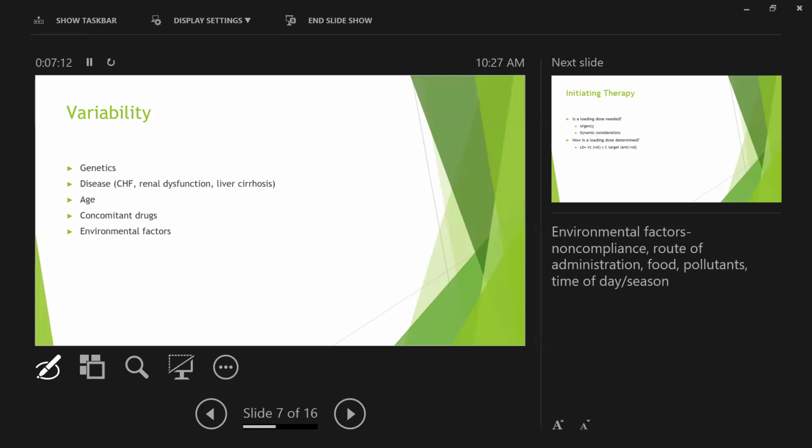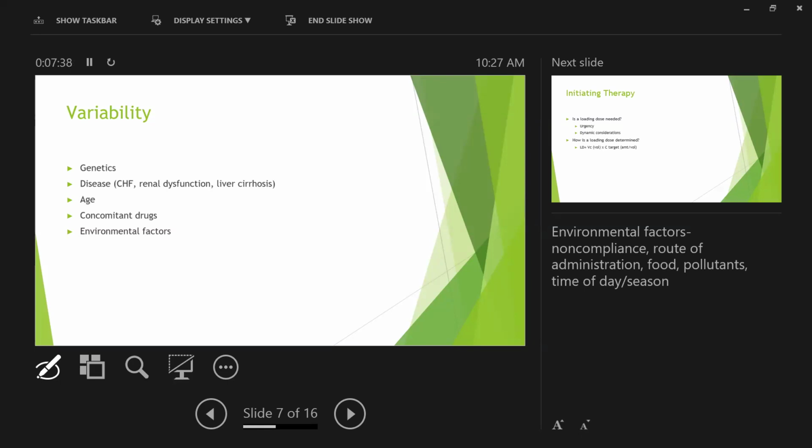Other drugs, we know we have lots of love triangles involved in pharmacokinetics. So adding or subtracting other drugs or supplements or other things that maybe people don't consider drugs that really are drugs will affect kinetics for sure, and in some cases dynamics.